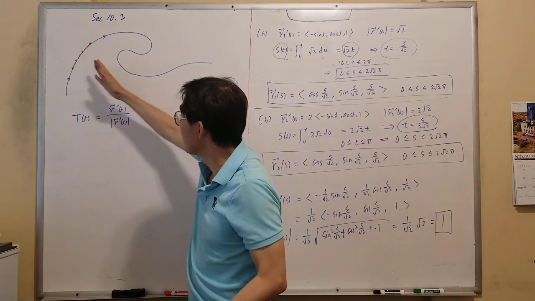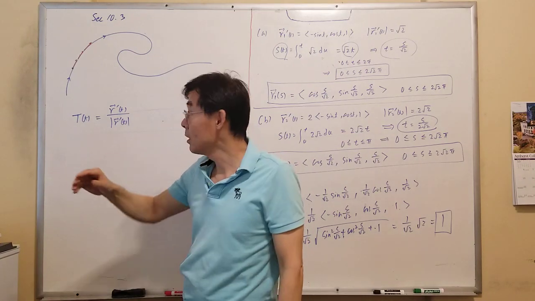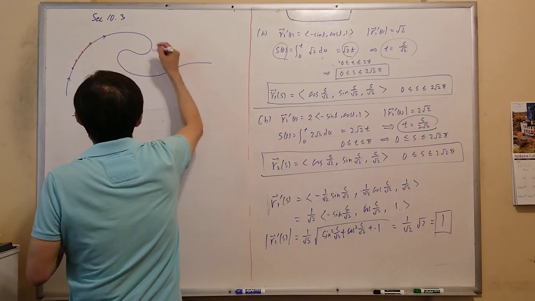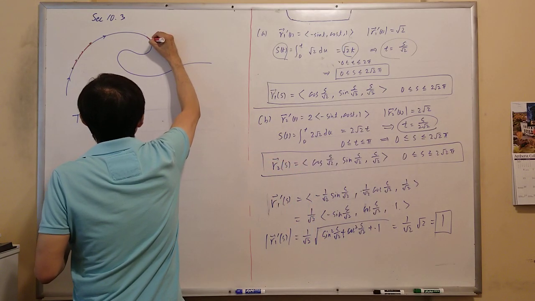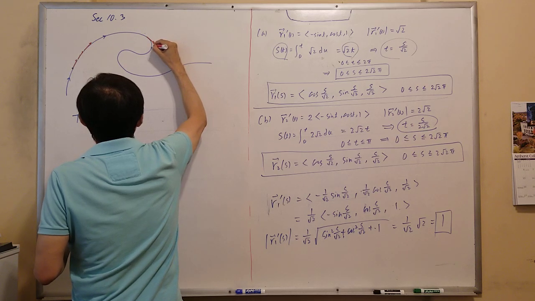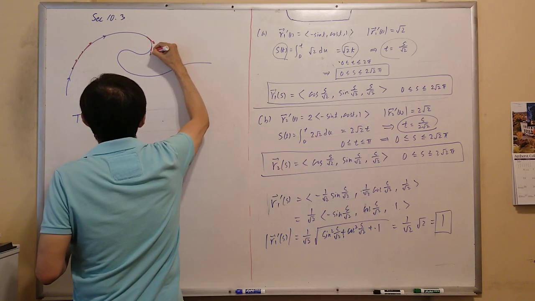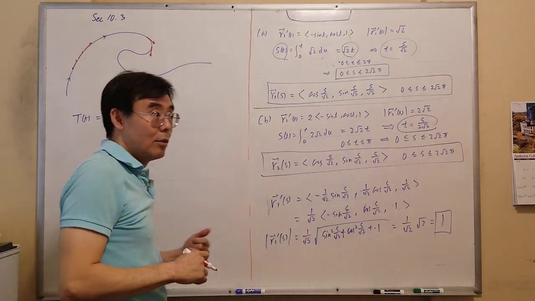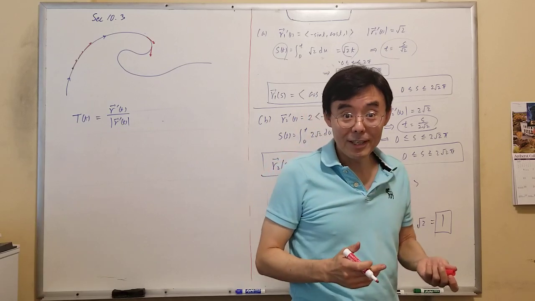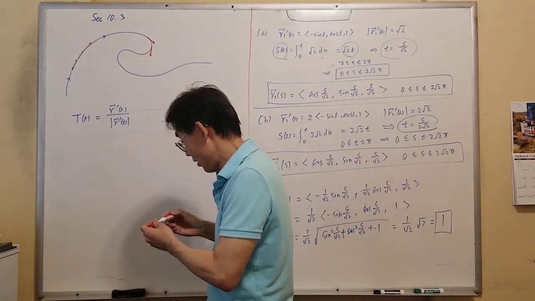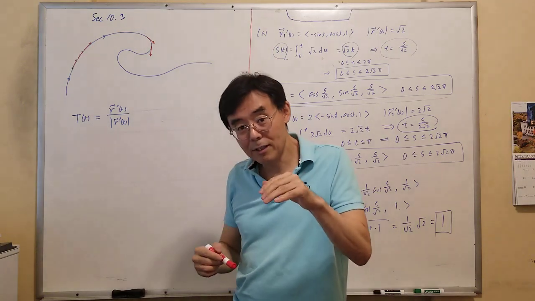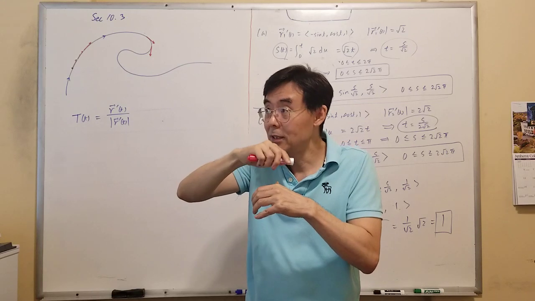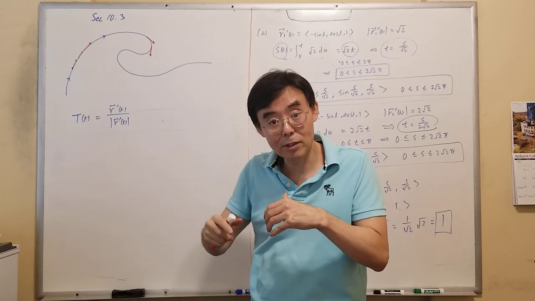So when the curve is curving slowly, this should be small. But over here, what happens? Here is the unit tangent vector. 1 second later, you're here. That means per unit time, the change in the unit tangent vector is large, right? So the more curved it is, the more changes the unit tangent vector goes through per unit time.